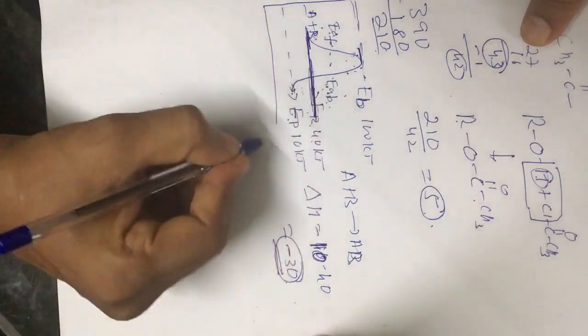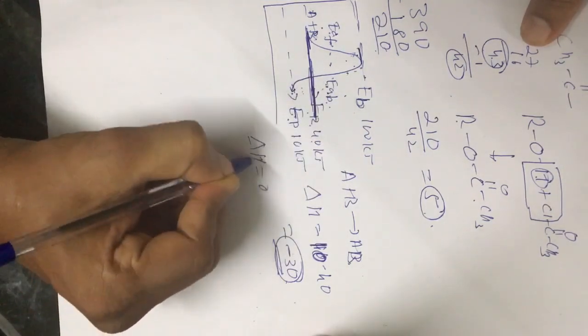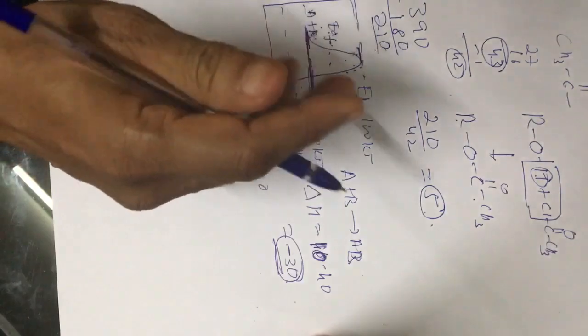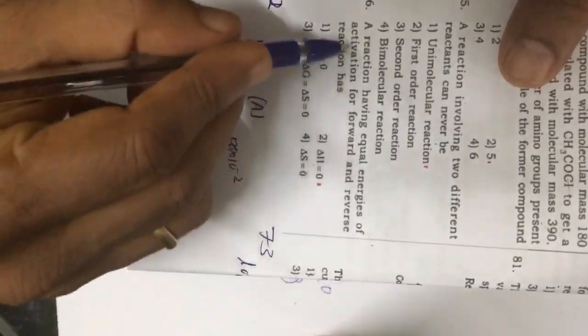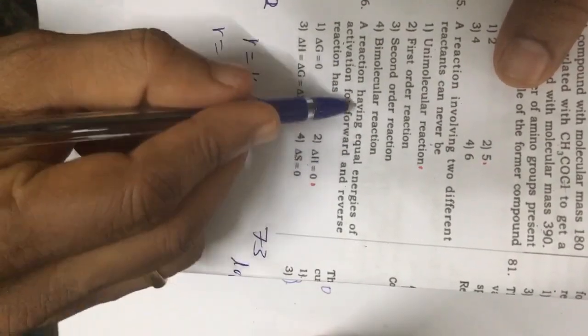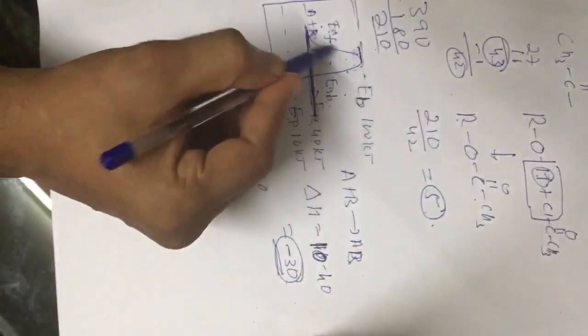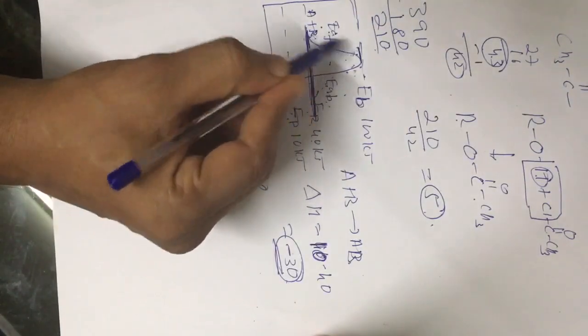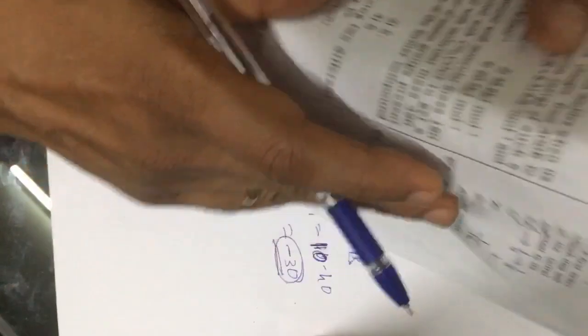In such cases, delta H becomes 0. So this is what is mentioned: equal energies of activation for forward and reverse reaction. These two values are equal, so in that case delta H becomes 0. Look at question number 77.